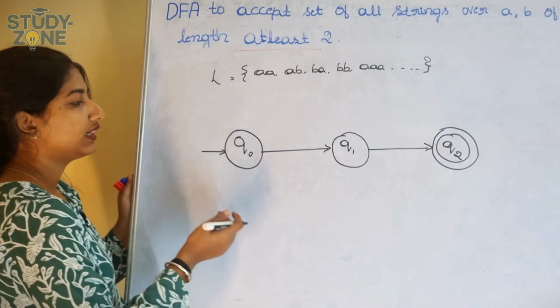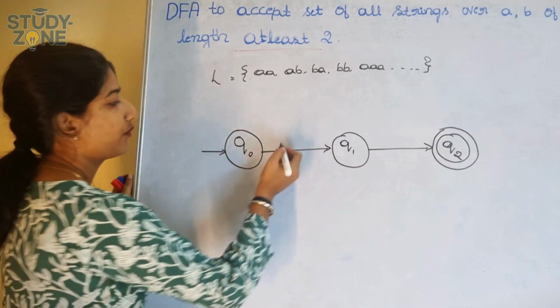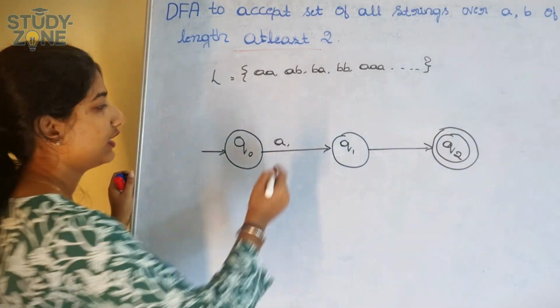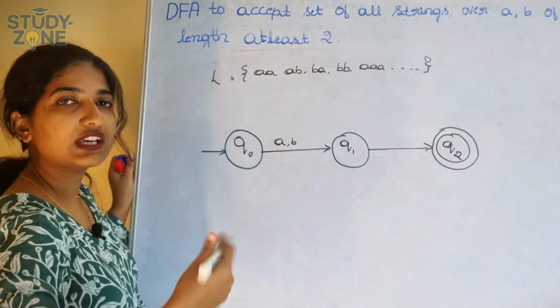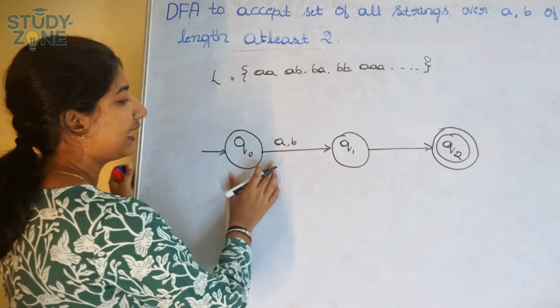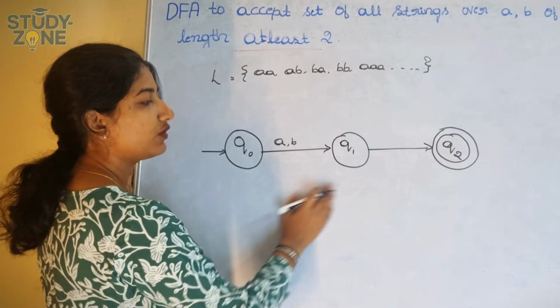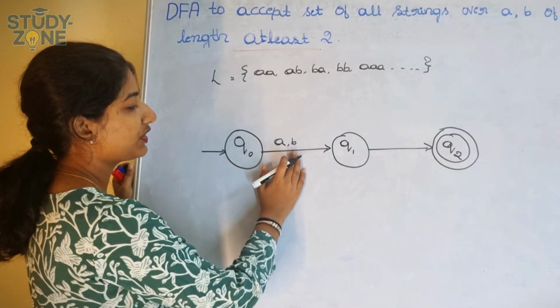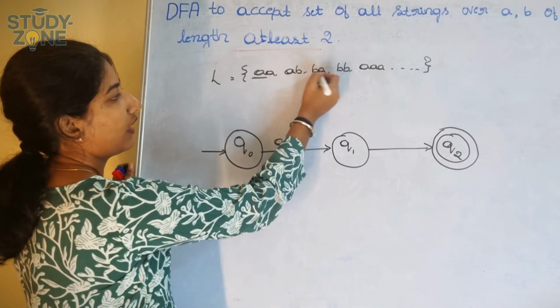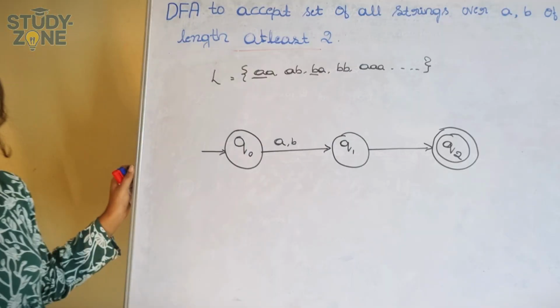If I get apple, then I can move to the next state. If I get banana, then also I can move to the next state, which means if I get input symbol A, it's okay, and if I get input symbol B, it's also okay. Why? Because the string can start with A or the string can start with B.